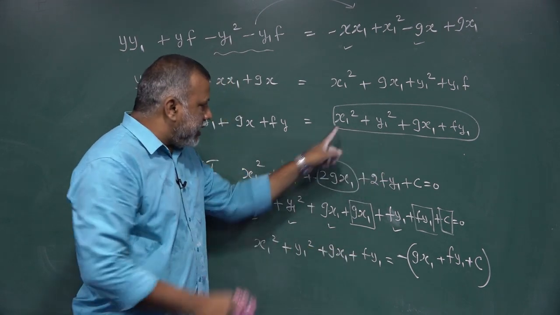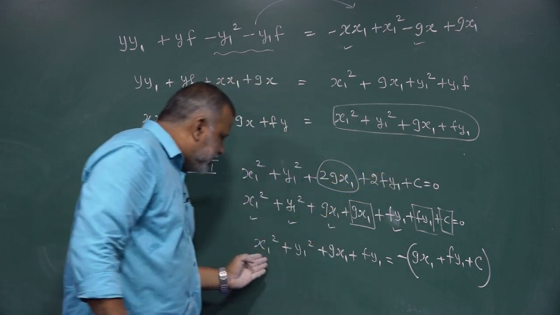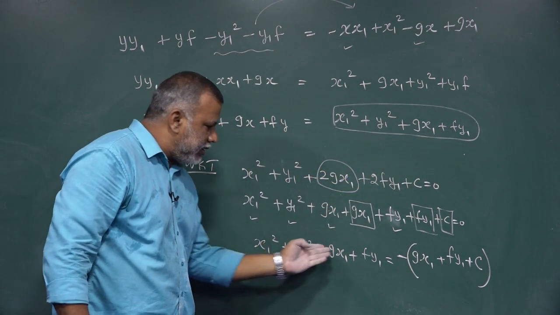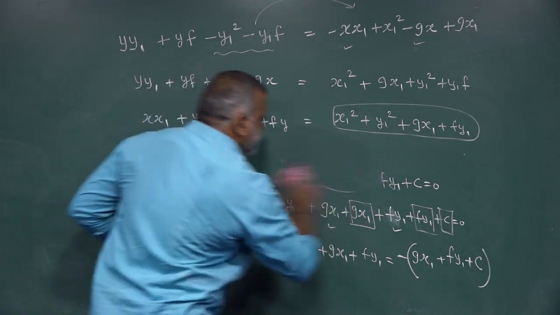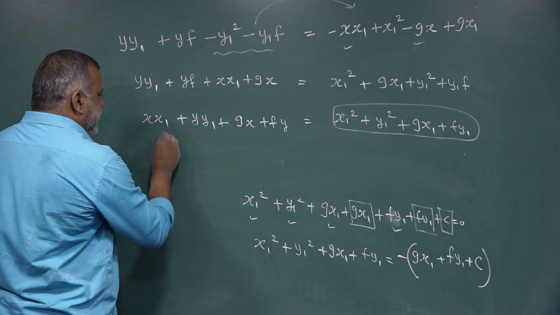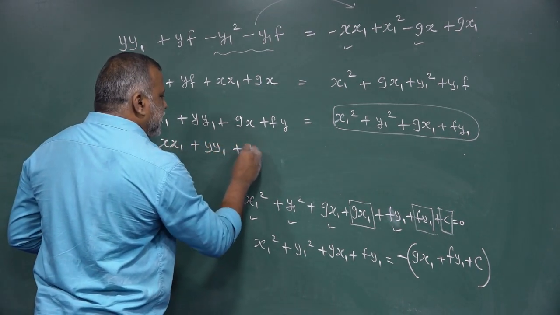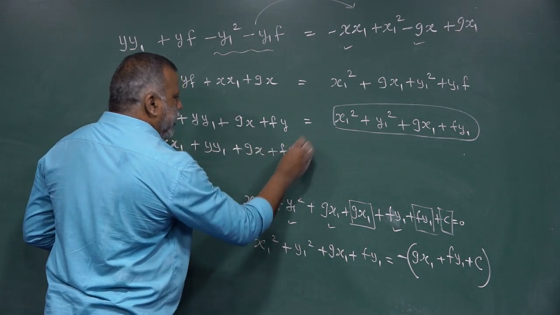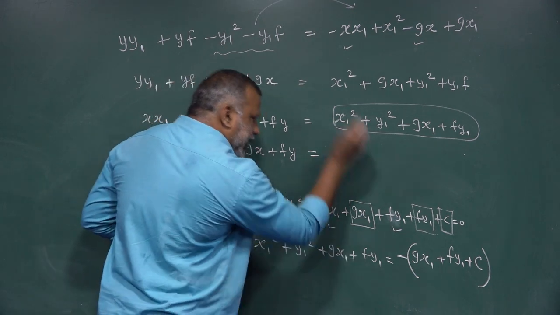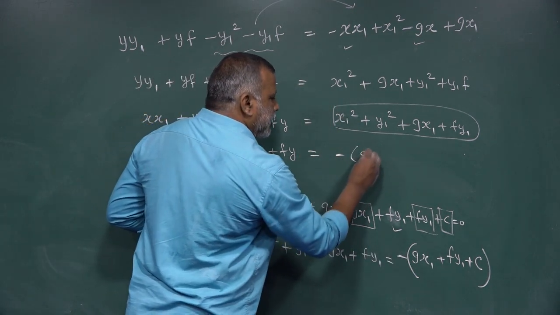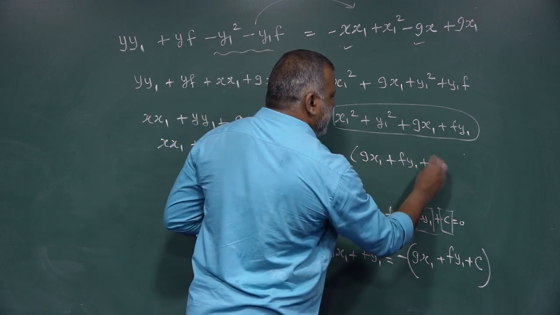So here xx1 plus yy1 plus gx plus fy is equal to this value, negative of gx1 plus fy1 plus c.